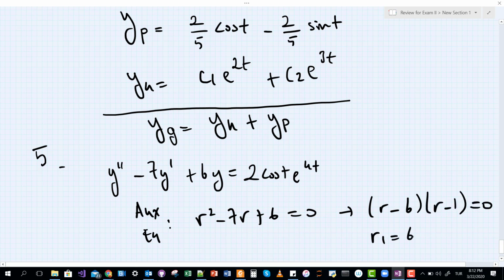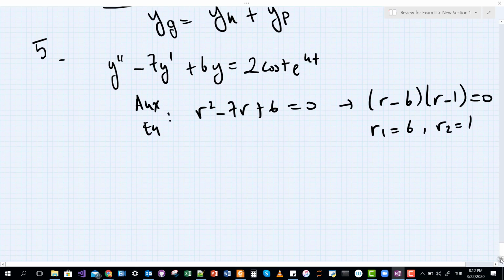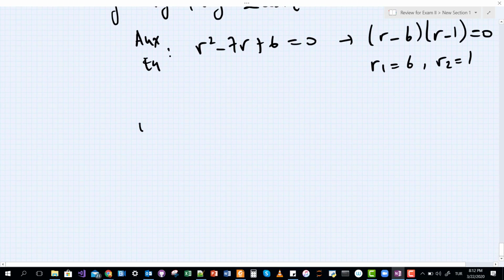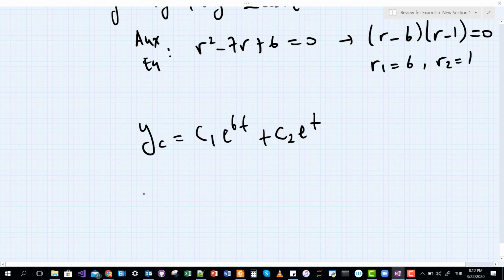Then my roots are r1 equal to 6 and r2 equal to 1. From these roots, I can write my homogeneous part of the solution, c1 e to the 6t plus c2 e to the t.